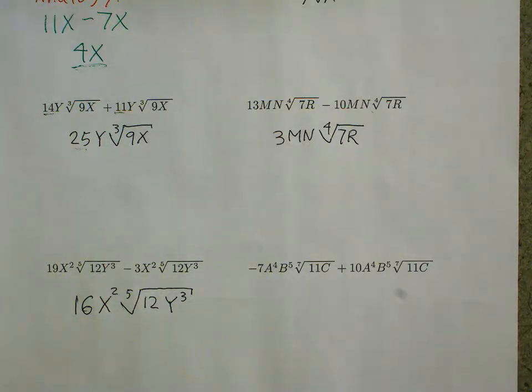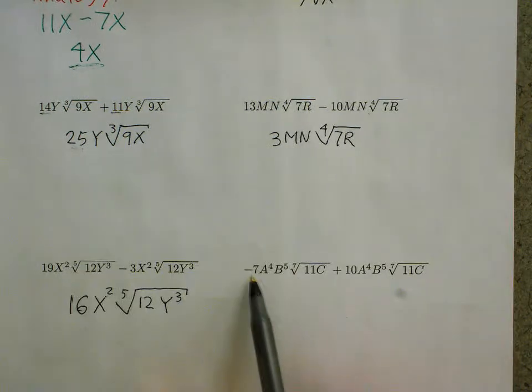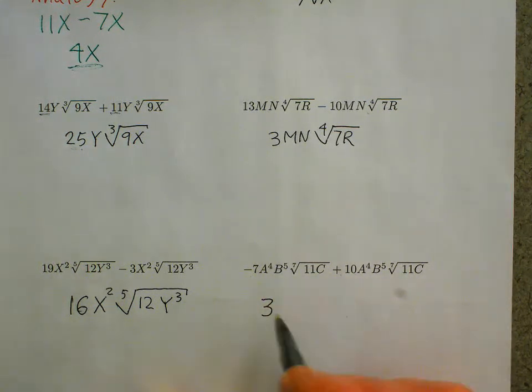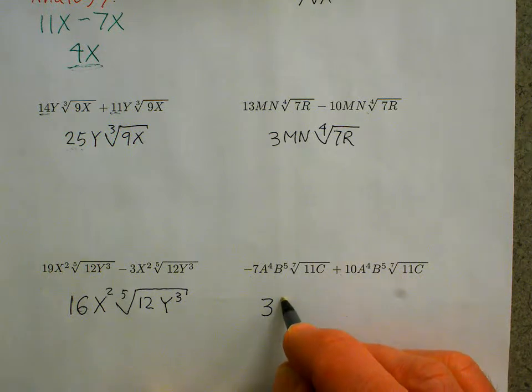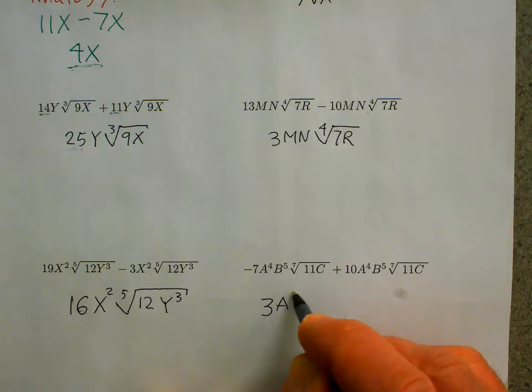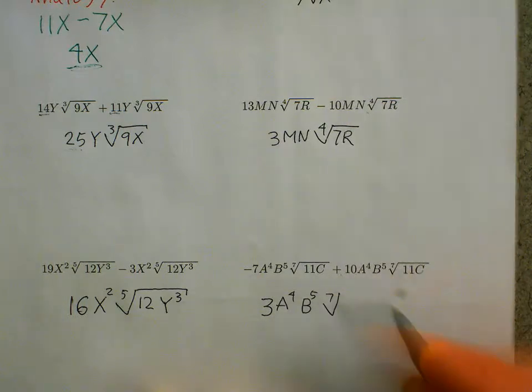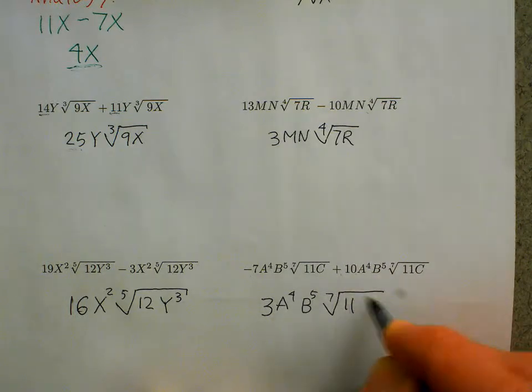Someone who hasn't answered a question yet, what's the coefficient of the sum for this one? Okay, 3. Negative 7 plus 10 is 3. And then we write down 3 times a to the fourth, b to the fifth, times the seventh root of 11c.